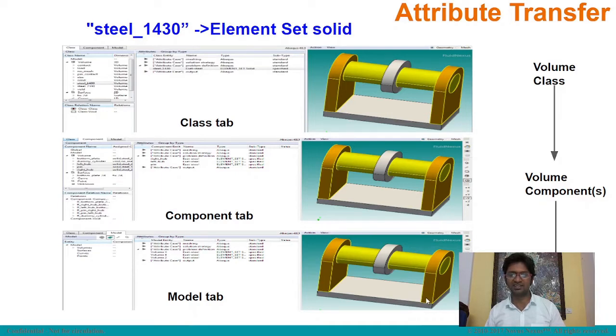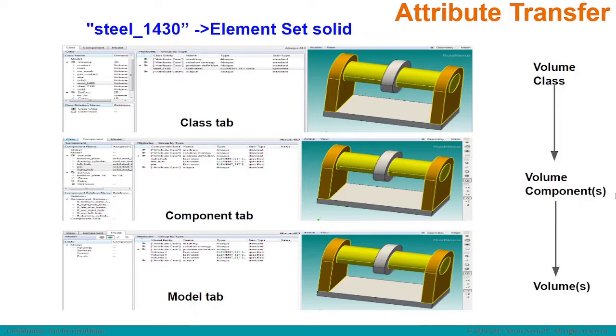In this case, it will be transferred onto these three volumes representing three components. Just to summarize, the attribute specified on the volume class will get transferred to the respective component first, and after that, it will get transferred to the respective volumes.